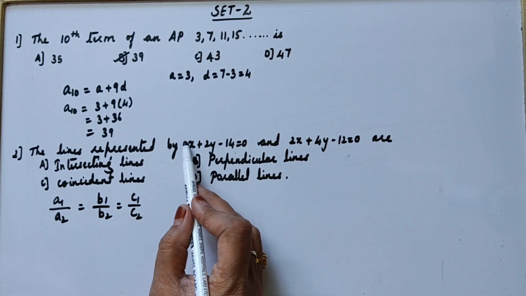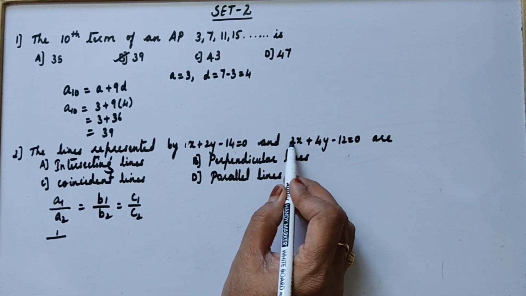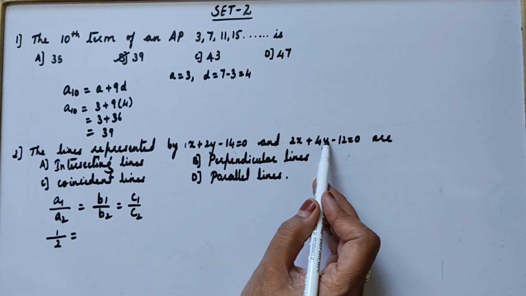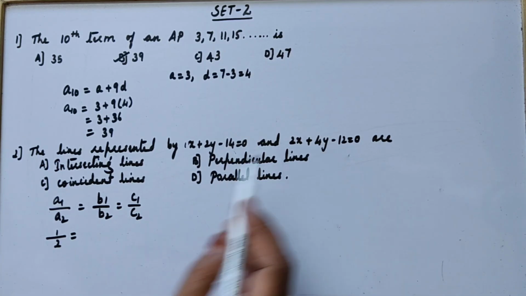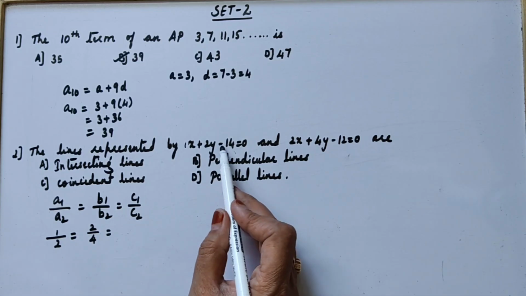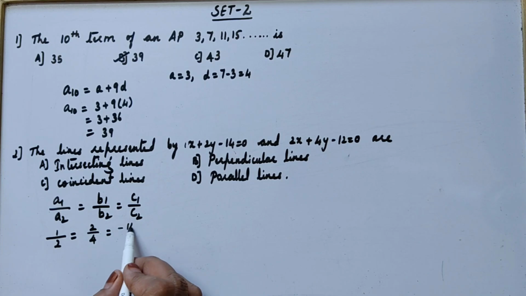So a1, the coefficient of x, is 1 here. I'll write 1 upon a2, that is x coefficient is 2. Similarly y coefficient, 2 upon 4, then constant upon constant, that is minus 14 upon minus 12. This is in simplest form.